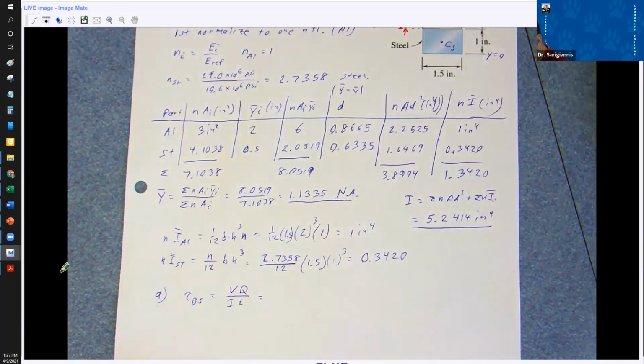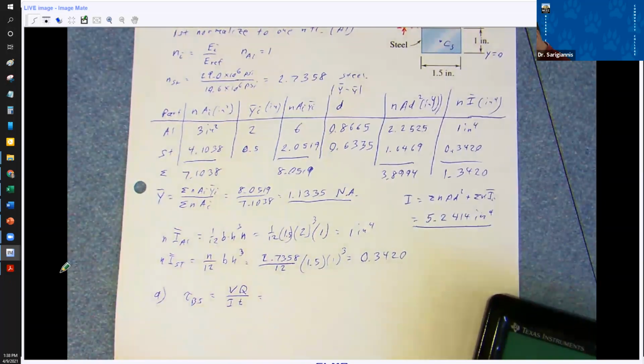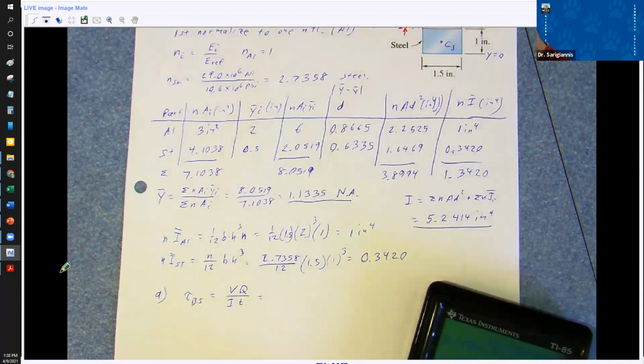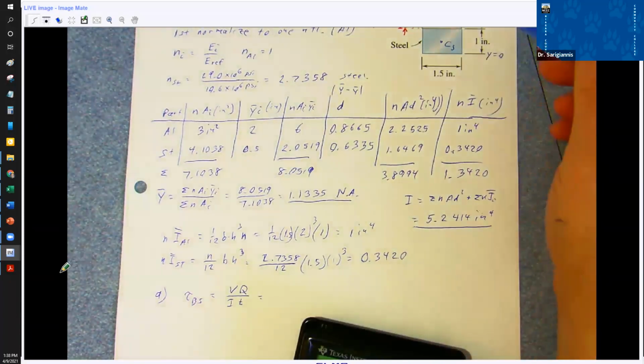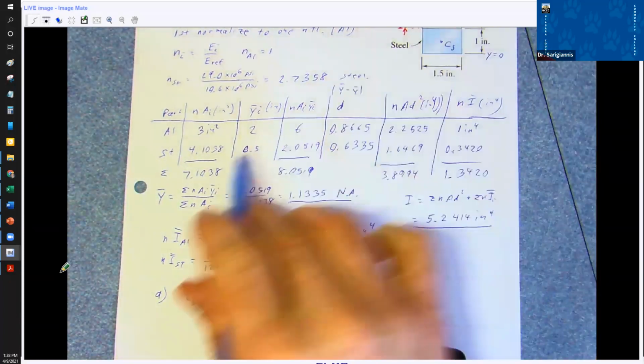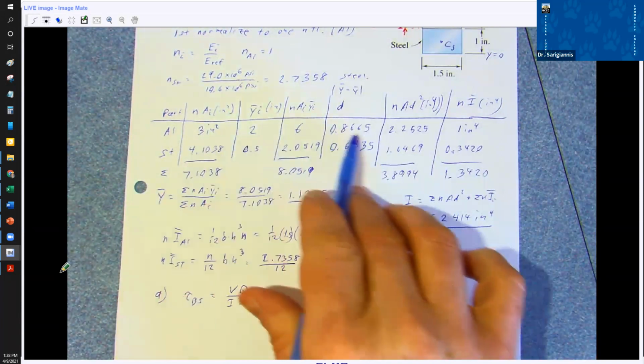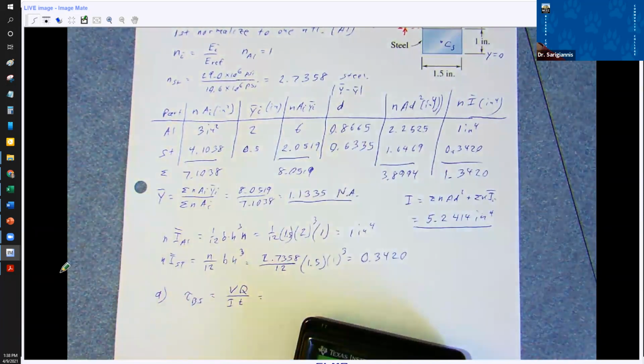Where did I get my... I feel like I skipped a step here. No, I didn't. Oh, yeah, I just skipped the multiplication. Hold on, let me do it on the calculator to make sure it's correct. 3 times, what's the y bar distance? Oh, there it is, 0.8665.